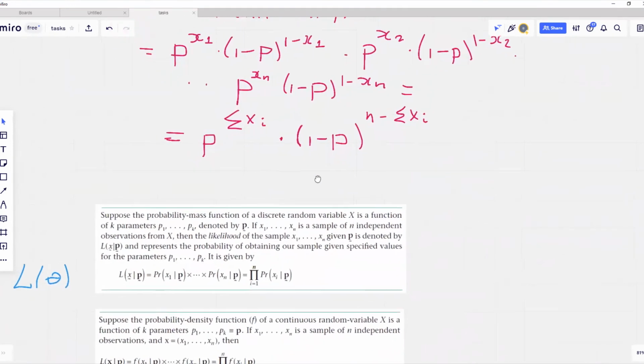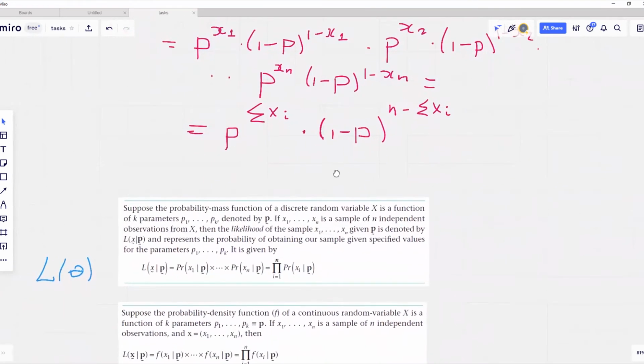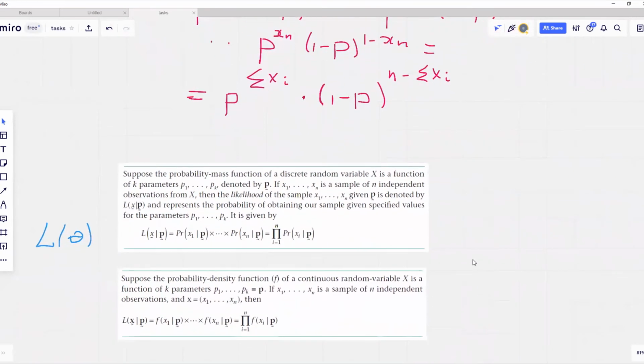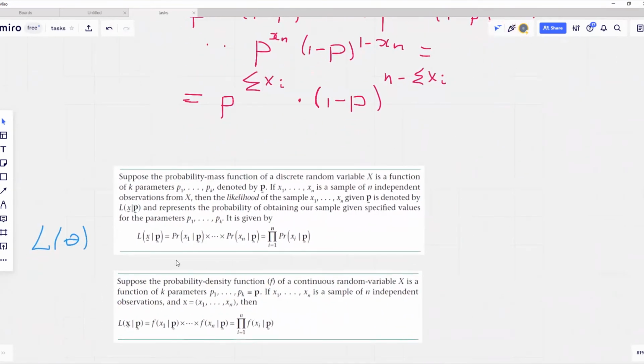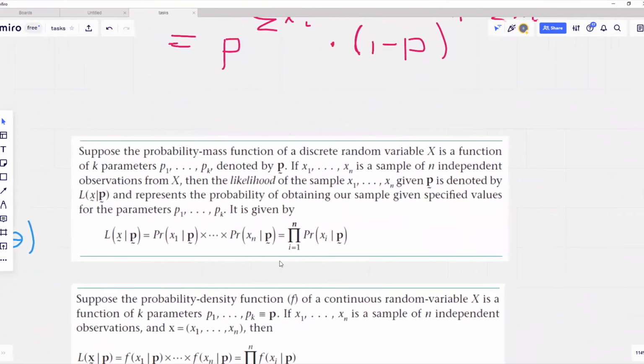In a multi-dimensional case, in most cases, it will be easier to maximize the log of your likelihood function, since here we are working with products, and if you take the log of your likelihood function, then you will turn these products into sums, and it will be easier to maximize the log likelihood.